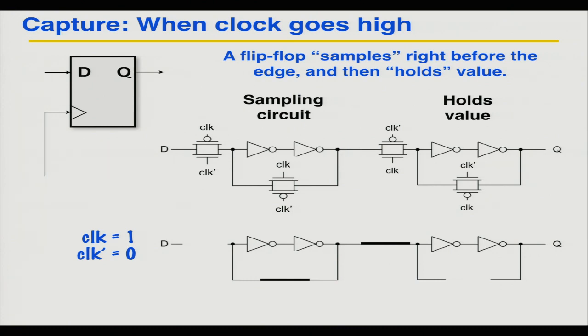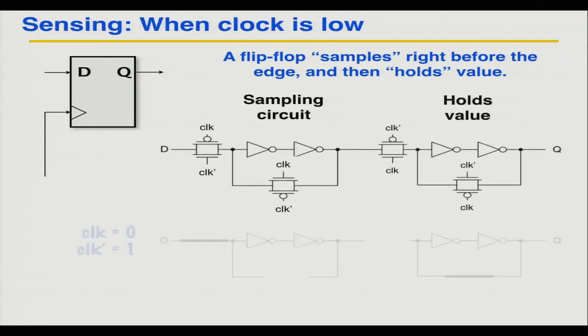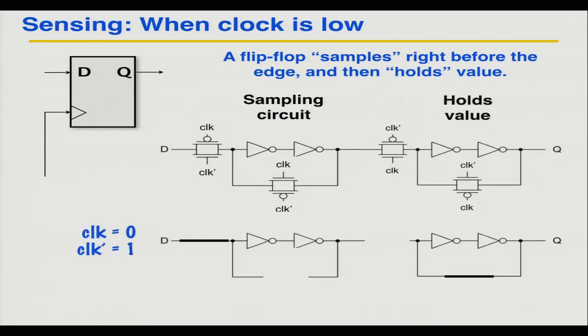And then at some point, the clock will go low again. What happens when the clock goes low? Well, then we go back to the state we had here, and the new value, which was previously being held here, now just gets held in here when the clock goes low. And it's held all the way until the whole thing starts again on the new positive edge of the clock.